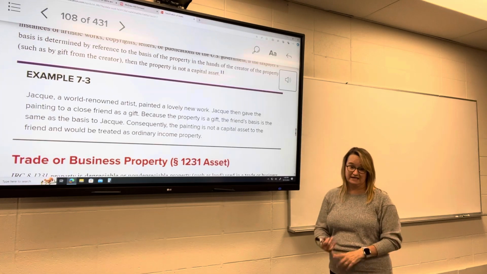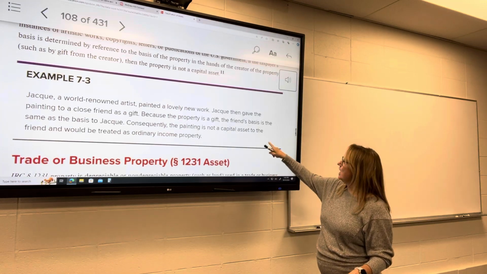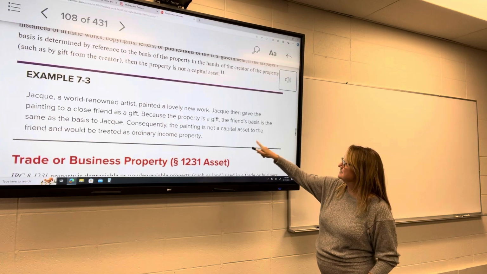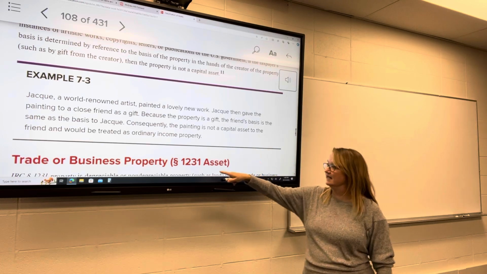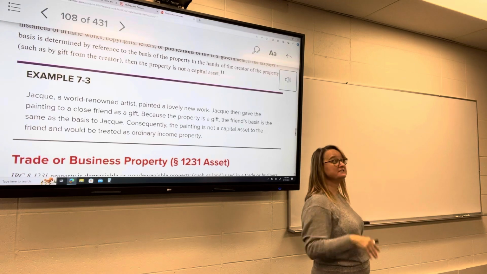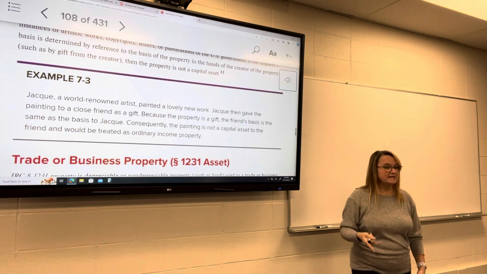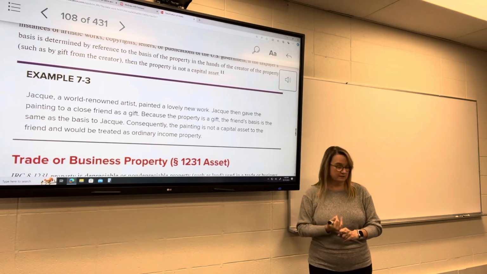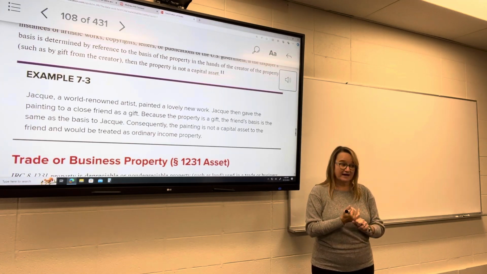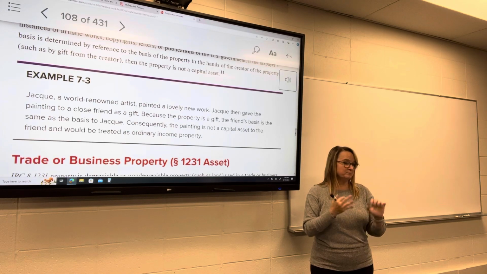It's just the cost of the canvas and the paint. For Jacques, and also the painting is not a capital asset to the friend and would be treated as ordinary income property when they sell it. If it's a gift, that's the difference. Because it was a gift, it retains its character as the type of asset that it is, and it retains the basis because it was a gift.